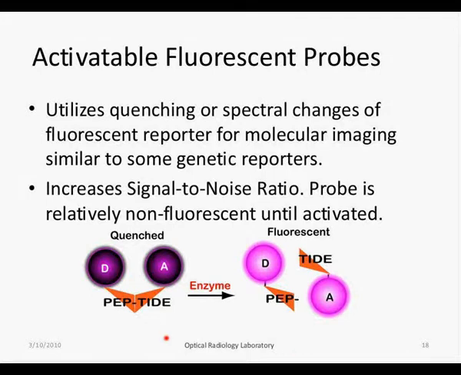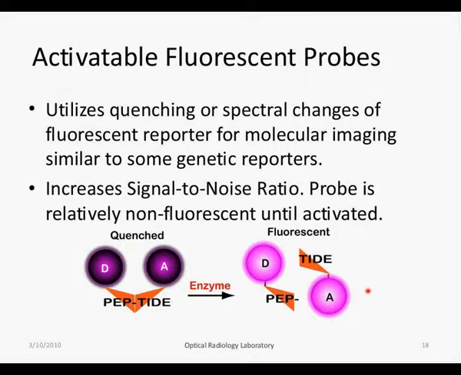So in this example, using two fluorophores that are connected by a peptide sequence that is specific for an enzyme of choice, the initial agent is non-fluorescent, and then after action by the enzyme, with caspase 3 within a tumor, or other examples are cathepsins or matrix metalloproteinases, the peptide can be cleaved, releasing the fluorophores, and fluorescence is restored.